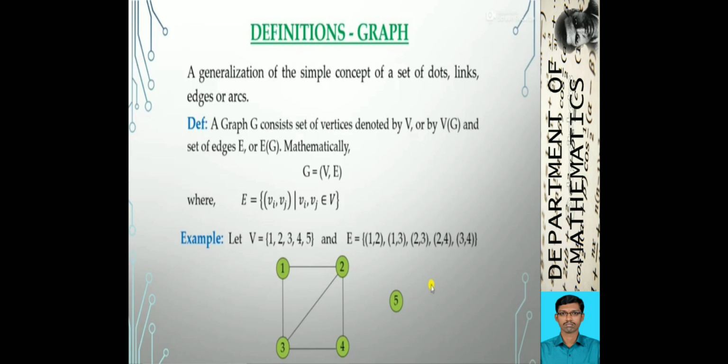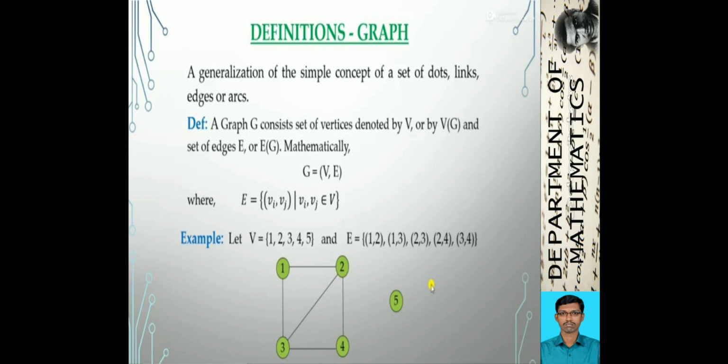Example here: suppose the vertices are 1, 2, 3, 4 and 5, and the edges are 1-2, 1-3, 2-3, 2-4, 3-4. So how can we represent our graph?